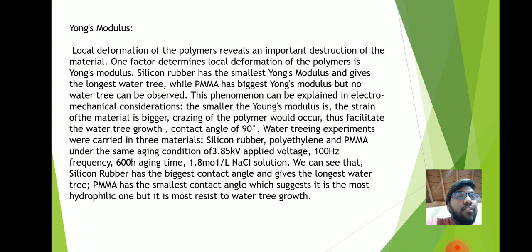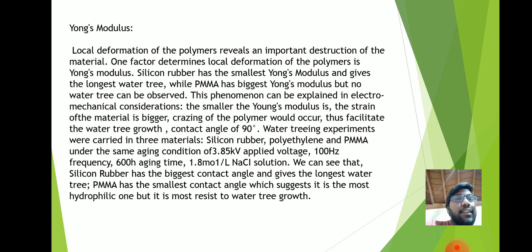Now, water treeing experiments were carried out on 3 materials: silicone rubber, polyethylene, and PMMA, under the same aging condition of 3.85 kV applied voltage, 100 Hz frequency, 600 hours aging time, and 1.8 mm per liter NaCl solution.